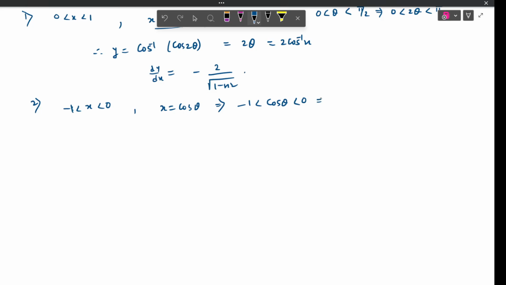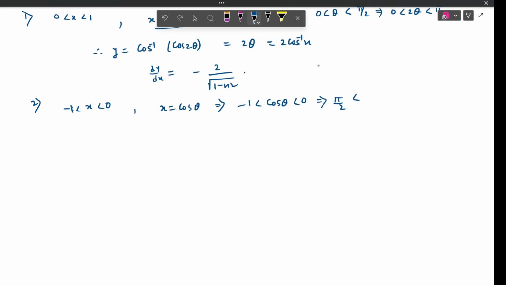Now, if you take cos inverse of 0, this would be pi by 2, and cos inverse of minus 1, it will be pi.